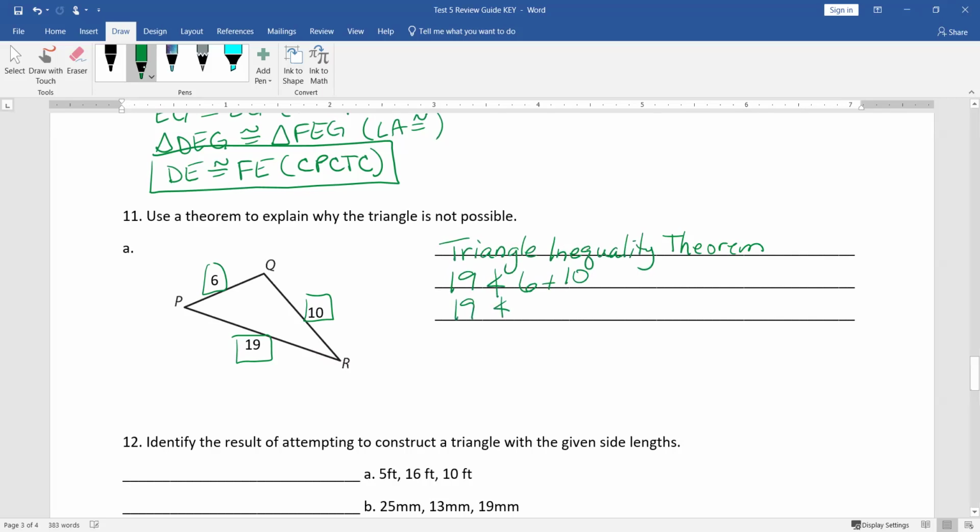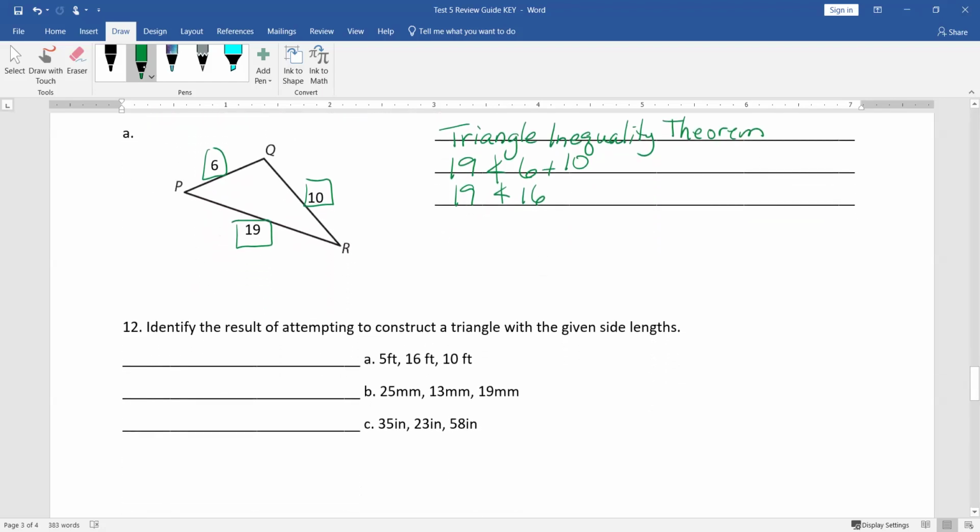Here, 19 is not less than 16, and it would have to be in order for this to actually make a triangle. So the side with the 6 either needs to be greater than 9, or the side that's the 10 needs to be greater than 13 in order for us to actually be able to make a triangle. And these don't. Okay.